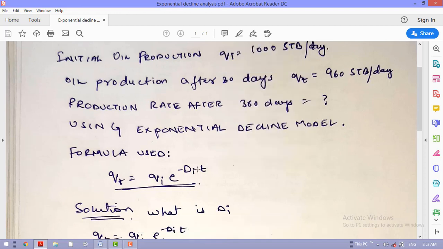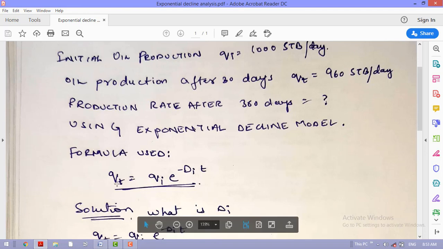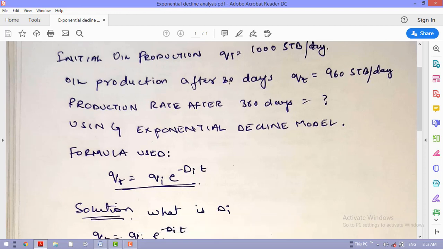Let us quickly see the solution. If you consider 30 days as your QT, then we have QT, QI, and the time period, which is 30 days.